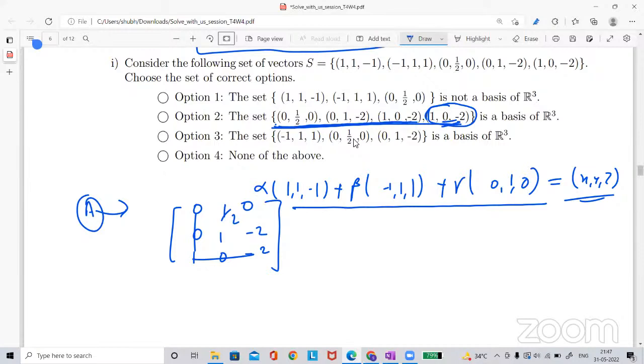So these three vectors are independent, and this vector is just extra. If you eliminate this vector and form this set, this is going to be the maximal linearly independent set, or differently a minimal spanning set also.